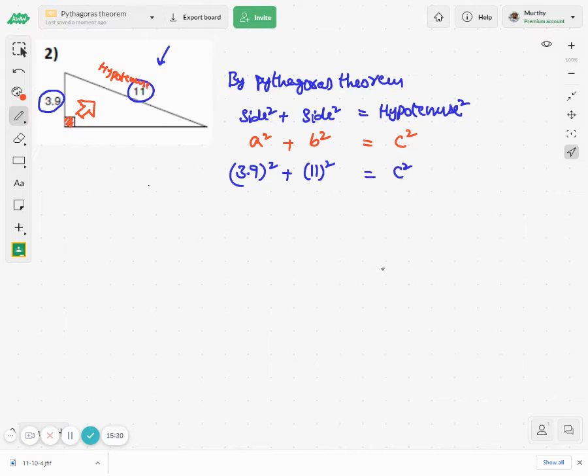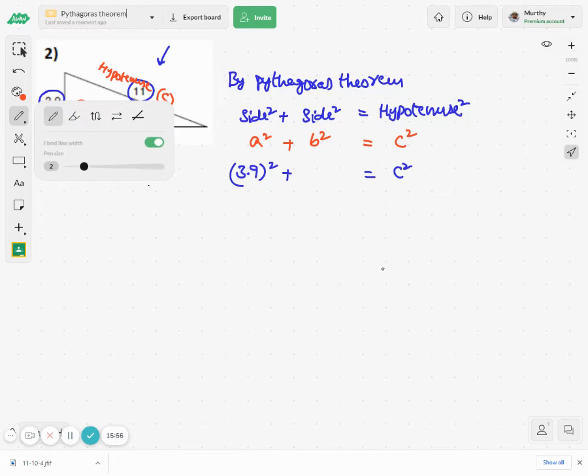Usually we indicate the hypotenuse with the letter c. Therefore, the hypotenuse is 11, but I have taken one of the legs as 11. This is the most expected mistake by most students. So please be careful while writing the values. So here b is not 11.